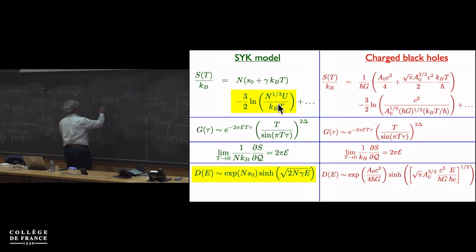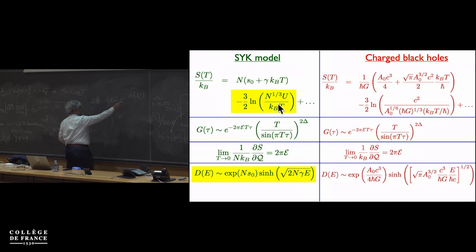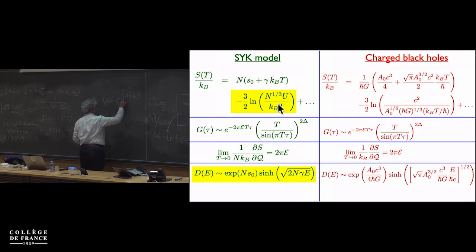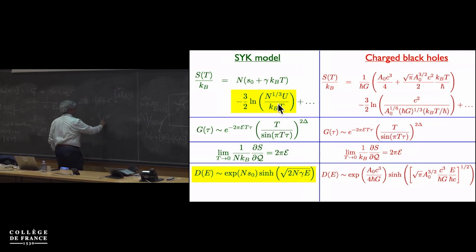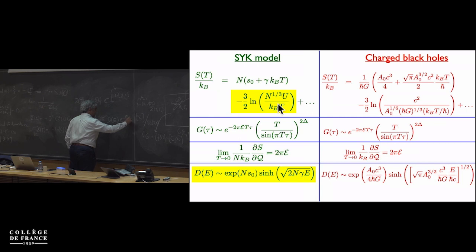So this is a function only of temperature, and there's a parameter gamma there. It also depends on temperature. So I want to now invert this. I want to write this as the integral dE, rho of E, e to the minus E over temperature.